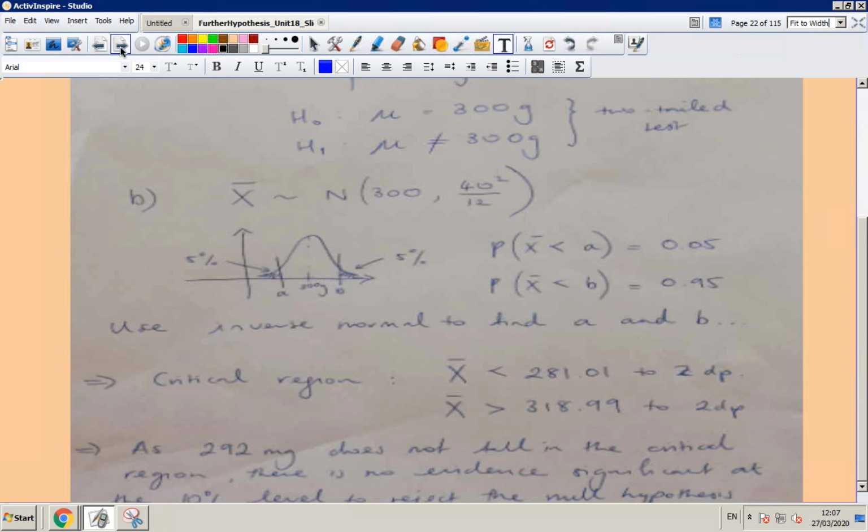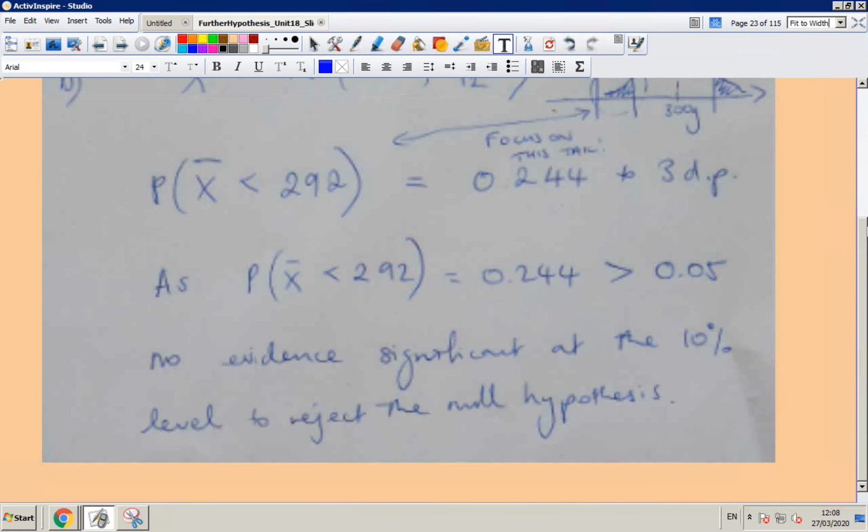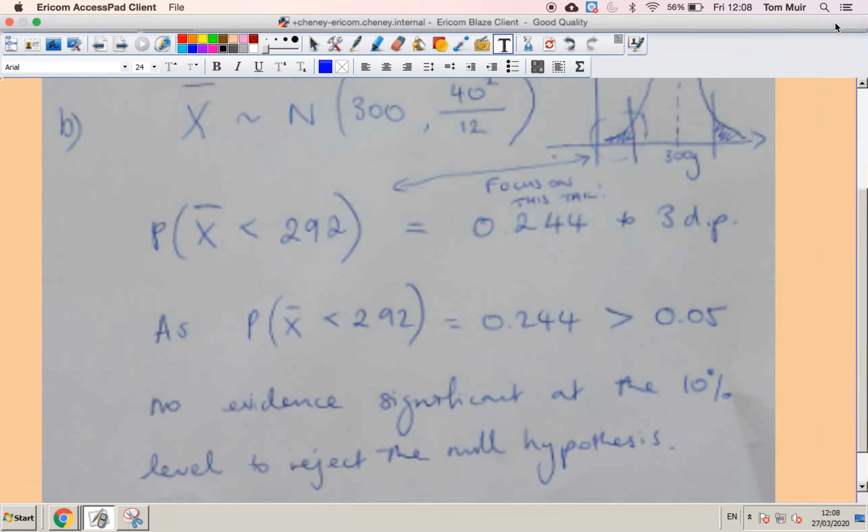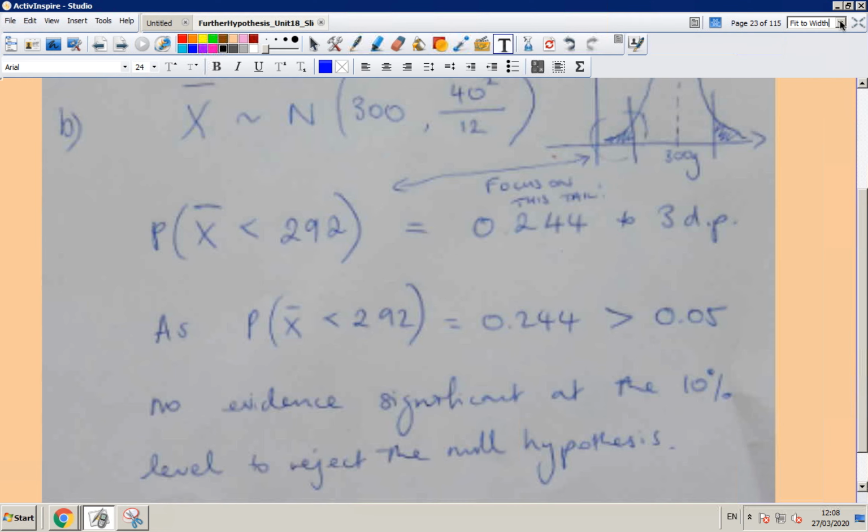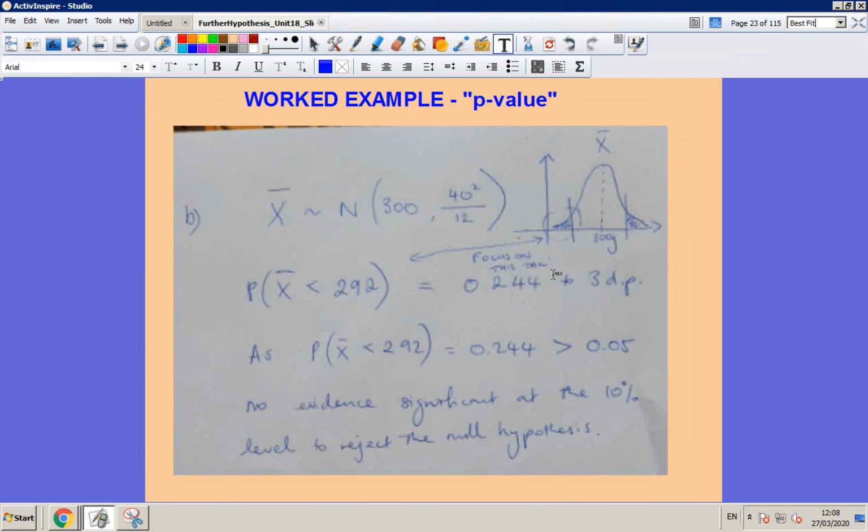Approach 2, which is maybe slightly easier, is instead of finding the critical region, we find what we call our p-value. Okay, so it's the same idea. We have x bar normally distributed with mean 300 and variance 40 squared over 12. And we know that in our experiment, we have a sample mean of 292 grams.